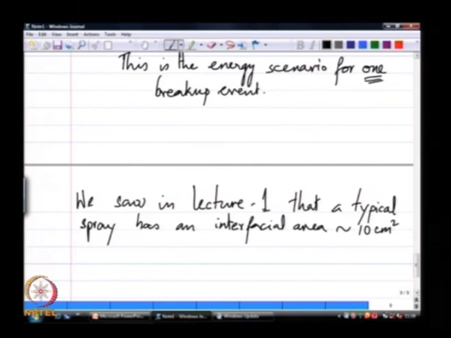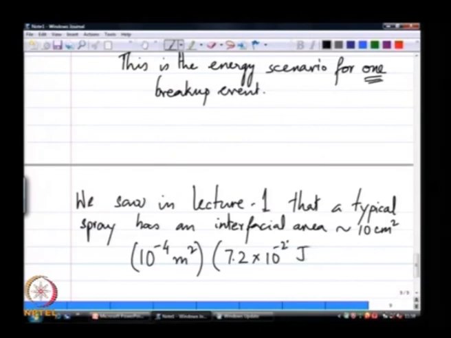We get 10 centimeters squared. 10 centimeters squared is 10 to the power minus 4 meter squared. This times 7.2 into 10 to the power minus 2 joules per meter squared.